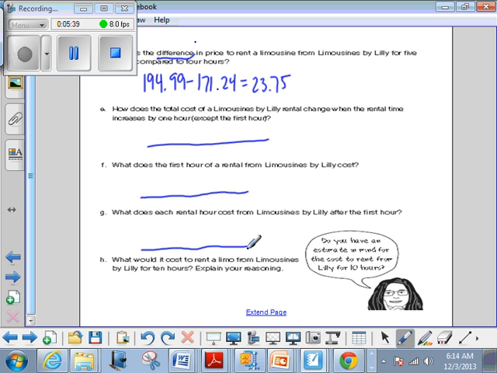And what would it cost to rent a limo from Limousine by Lily for 10 hours? So you need to figure out, we know how much it costs up to 5 hours. We know that it's increasing by $23.75 each time. So if it's increasing by $23.75 each time, how much would it cost per hour?